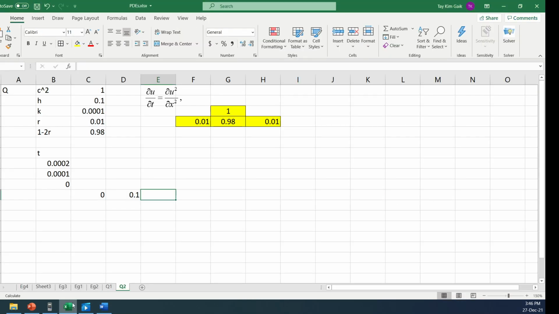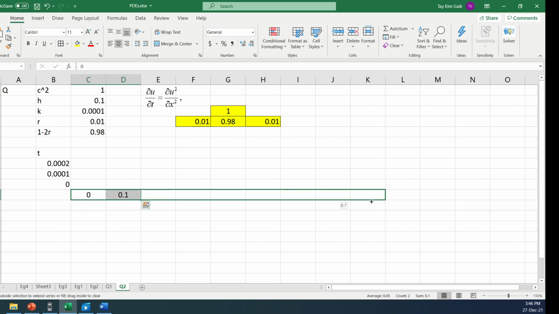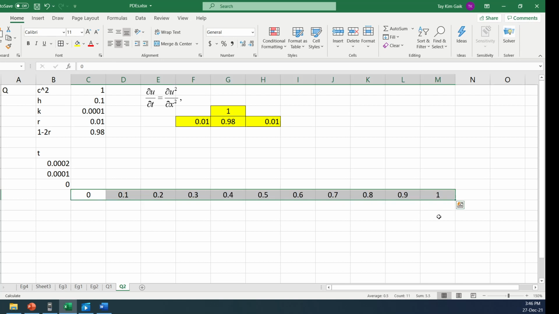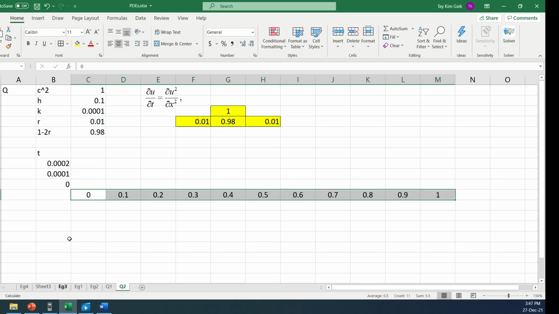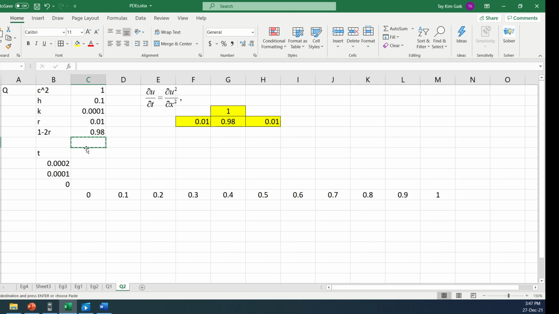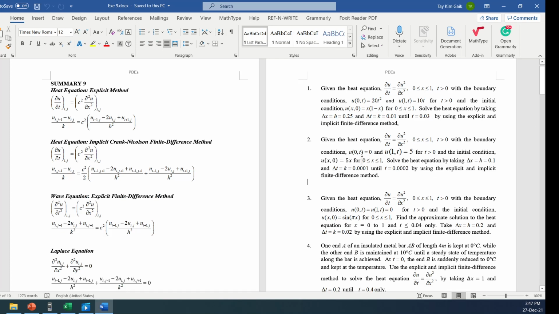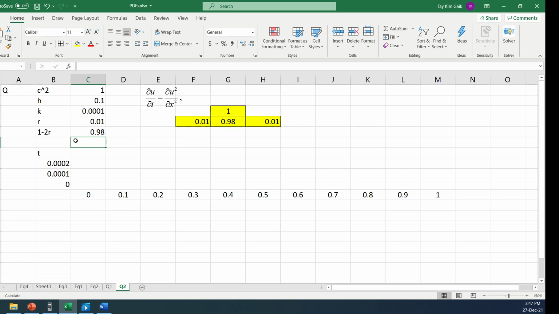Centralize it, then you just drag it up to 1, and then put in the boundary conditions. u(0,t) is the left boundary condition. Okay, when x is 0, u is equal to 0. So I put equal 0, and copy it down.